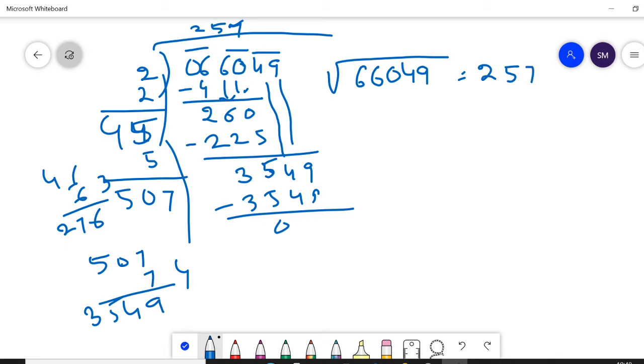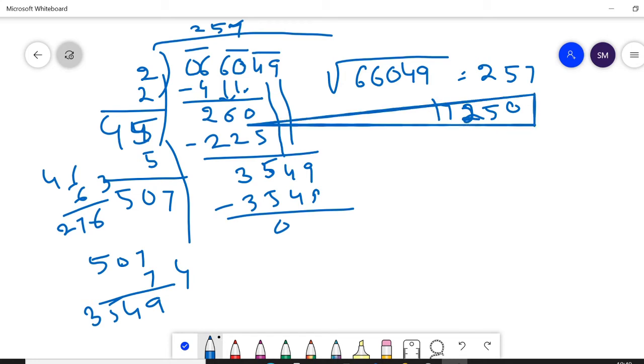Okay. Then take some word problems, using the square root and long division. What least number must be subtracted from 7250 to make it a perfect square?